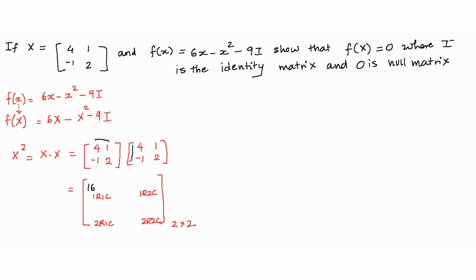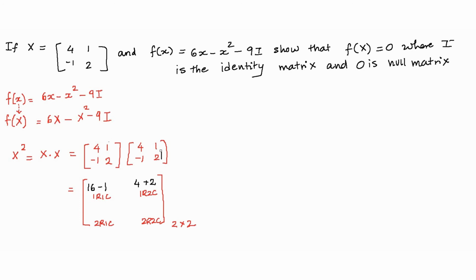So I would take 16 and 1 into minus 1, right? Then I want to find first row, second column. So first row, second column would mean I take the first row of the first matrix and second column of the second matrix. So 4 into 1 is 4 and 1 into 2 is 2. So this is 4 plus 2. Now I want to find second row, first column.